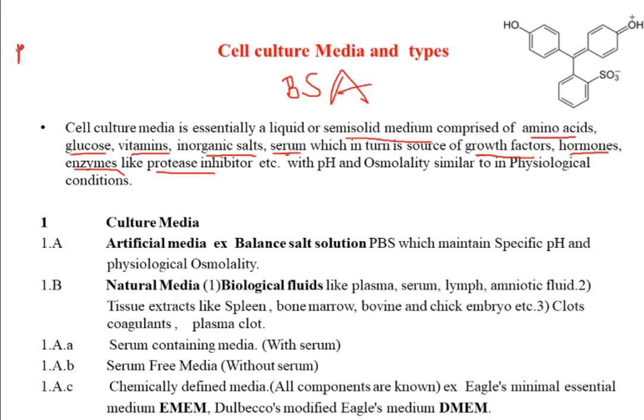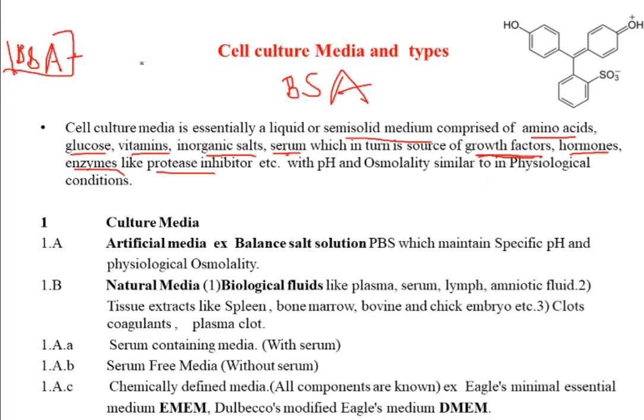The complete constitution of BSA is still not known to us. But we know when we add a BSA into the media, it results in good growth. So some investigation results in the findings of the BSA, which is having growth factors.